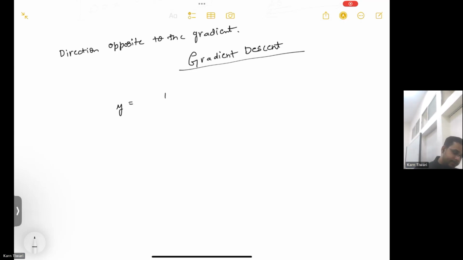It's of this form. The simple case I'm taking is one dimension, but the same thing goes for the R^d dimensional case.